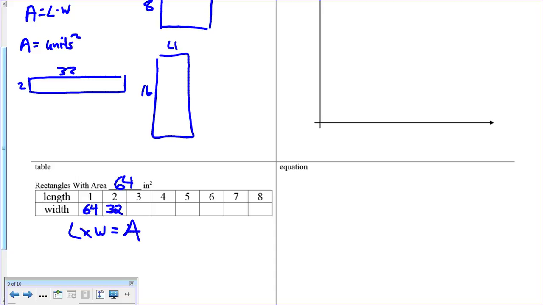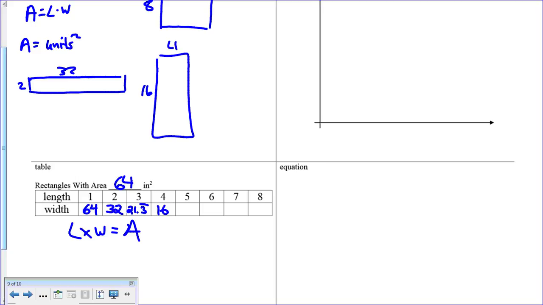Anybody? 64 divided by 3. I guess I have to get my calculator out. Nobody wants to participate anymore. So 21.3 repeating, which is basically a third, right? And we know 4 goes into 64, because Ethan told us 16 times. What about 5?